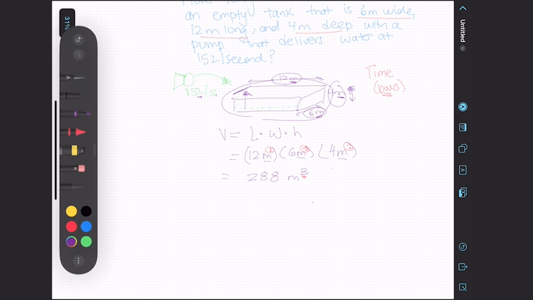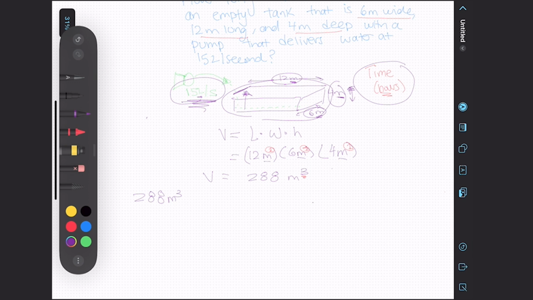We want to figure out how much time it's going to take to fill it. We're given that the pump is filling it at a rate of 15 liters per second. For a problem like this, what I always opt for is dimensional analysis. So let's start with that. We know that the volume is 288 meters cubed, and we know that it's being filled at 15 liters per second.